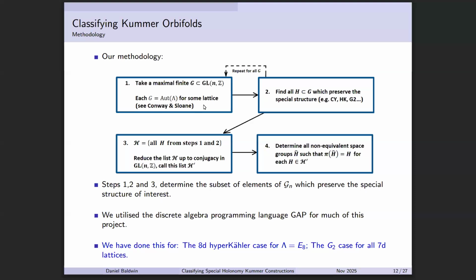I expect it's only going to be true if the orders of the cyclic groups are like 2, 3, 4, and 6 or something like this. But I'm just trying to understand what told you that you only needed to look among these maximal finite groups.